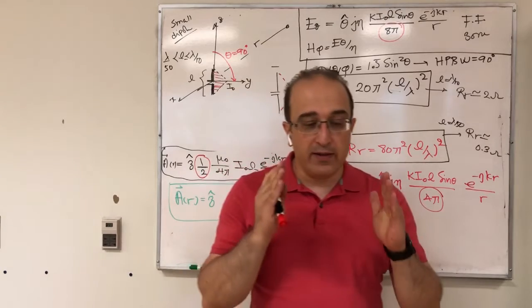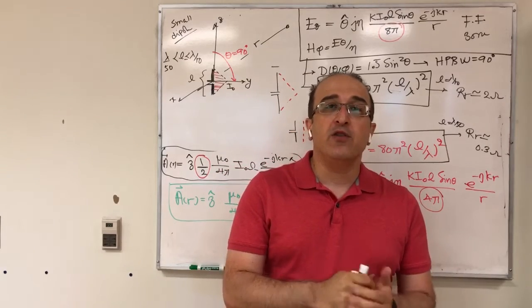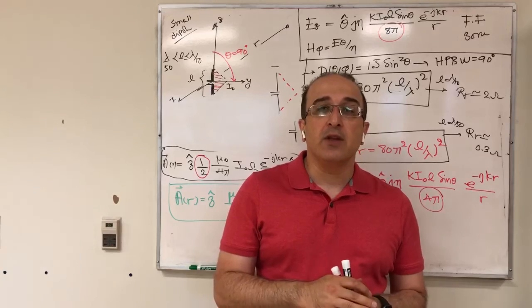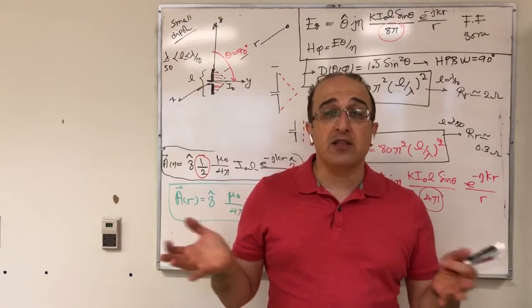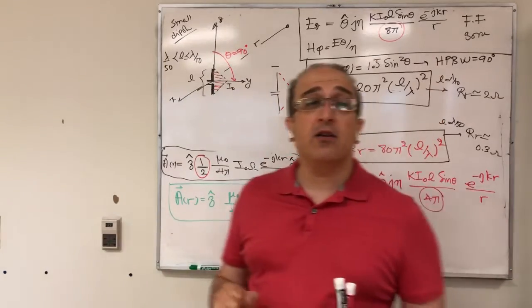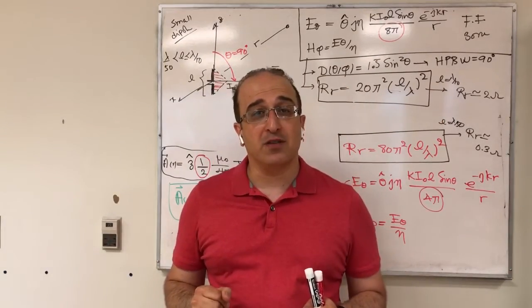So the next step would be to see what's going to happen if my current distribution is sinusoidal, because if the antenna is not too small, I cannot make this triangular distribution assumption.